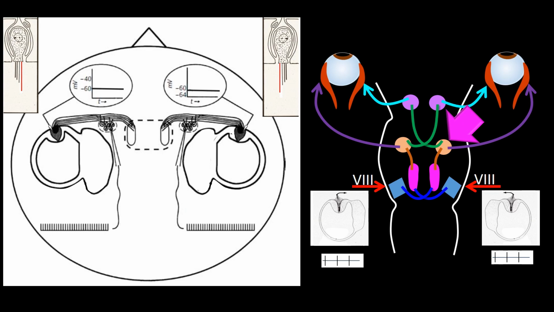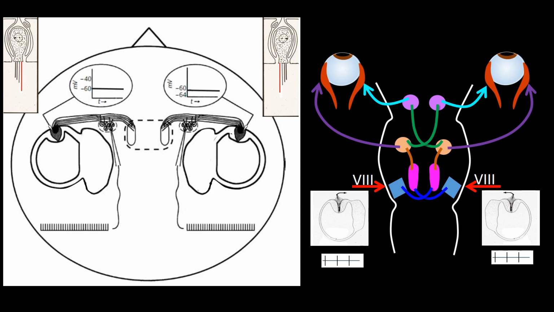This nucleus has two populations of neurons, one going to the abducens nerve to innervate the lateral rectus, and a second group of neurons that send their axons across the midline to the other side, joining the medial longitudinal fascicle, ascend and innervate the medial rectus subnucleus of the common oculomotor nerve. This subnucleus innervates the medial rectus muscle.